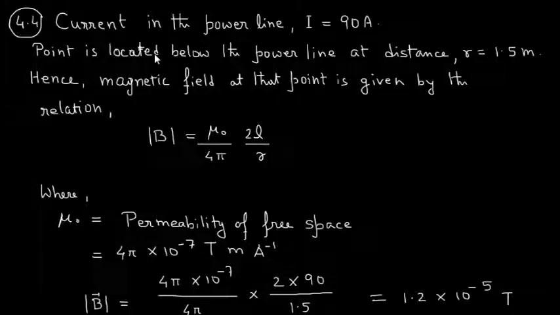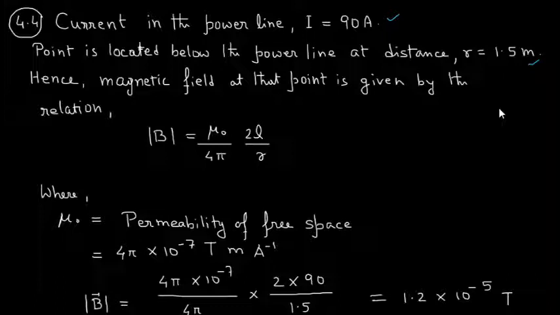So the solution for 4.4 is: current in the power line I is equal to 90 ampere. Point is located below the power line at a distance r is equal to 1.5 meter.